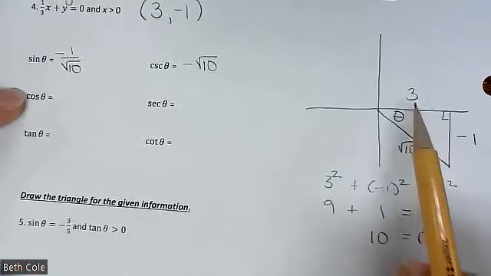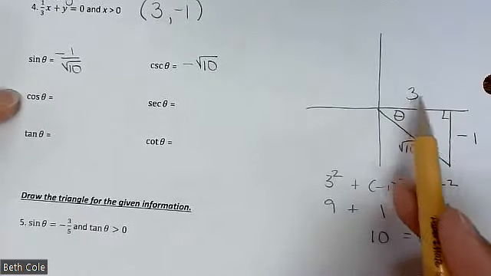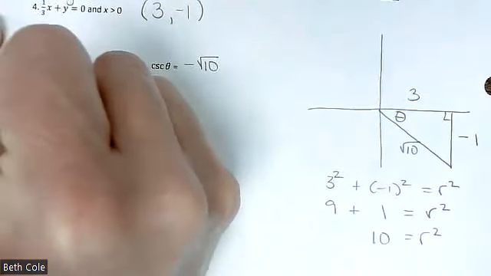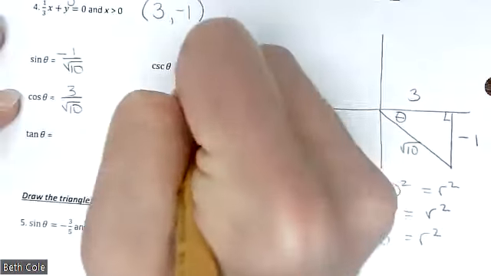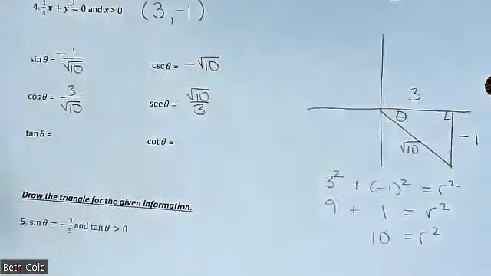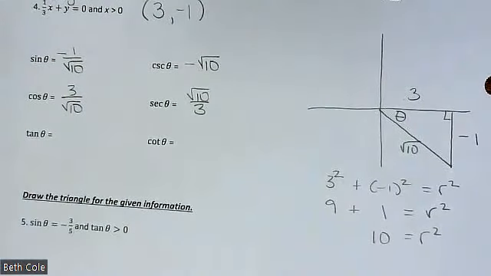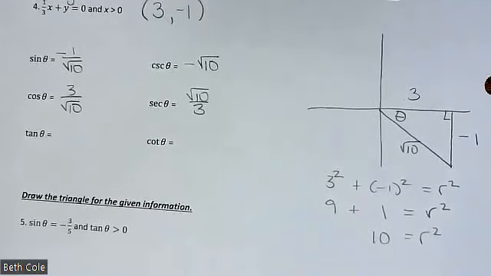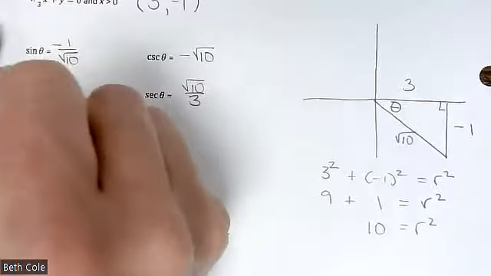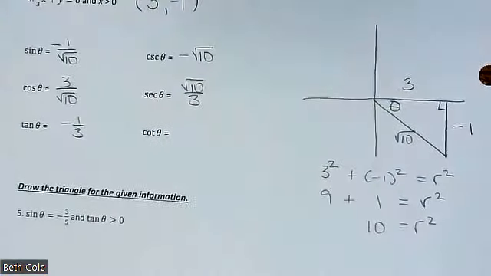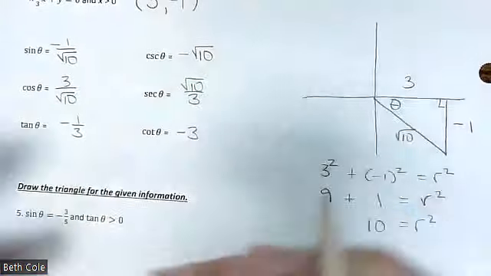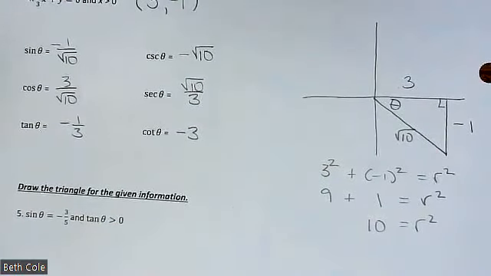Cosine would be 3 over square root of 10. So secant is square root of 10 over 3. And then tangent is opposite over adjacent. So that would be -1/3, perfect. And then cotangent, -3. Or -3 over 1 if you want to leave the 1 in there.